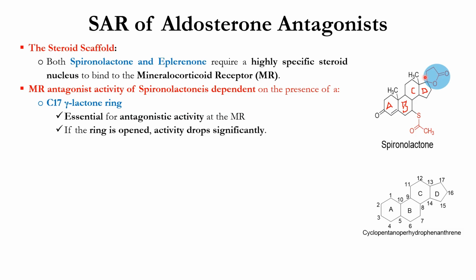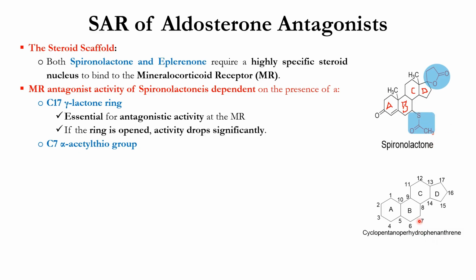So it's a must that the lactone ring system should be closed. The other important structure that is essential for binding to the receptors and helps to antagonize aldosterone is the carbon 7 alpha acetylthio group. This is the acetyl part, this is the sulfur, so that's why thio is there.